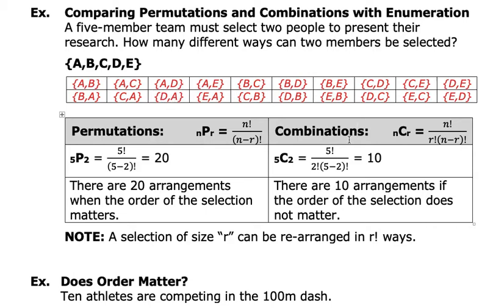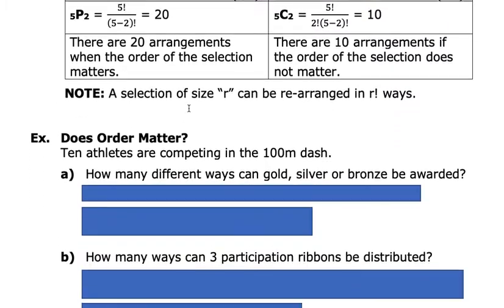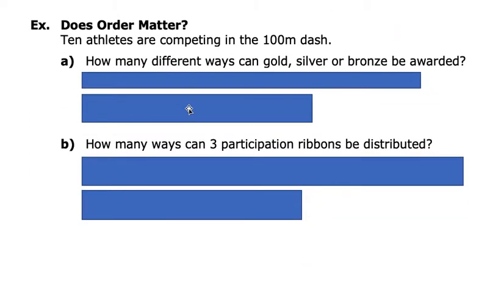So a selection of size R can be rearranged in R factorial ways. So let's look at this example to contrast permutations and combinations.